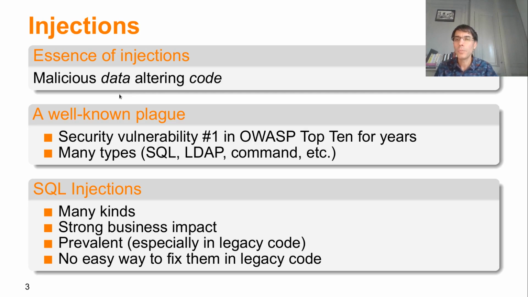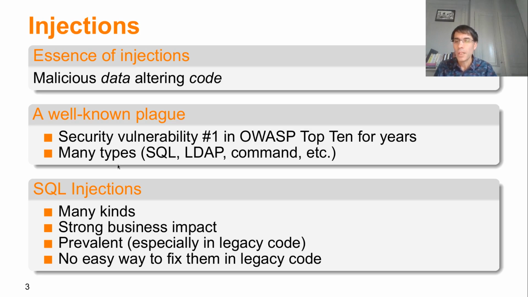Injections are a well-known plague. They're listed as the first security vulnerability in the OWASP Top 10 project, and they have been listed as number 1 for years. There are many types of injections: SQL injections, LDAP injections, command injections, etc. In this talk, we will focus only on SQL injections.